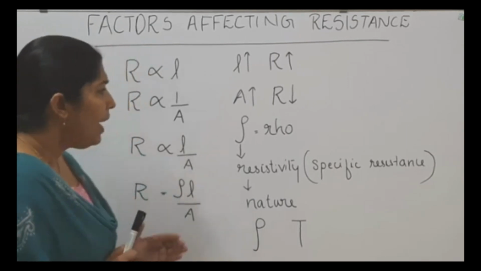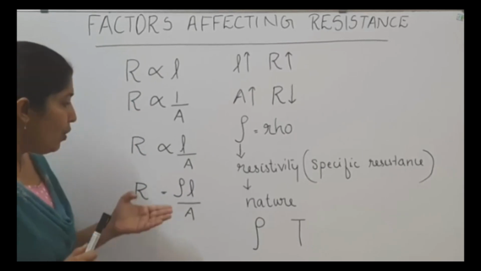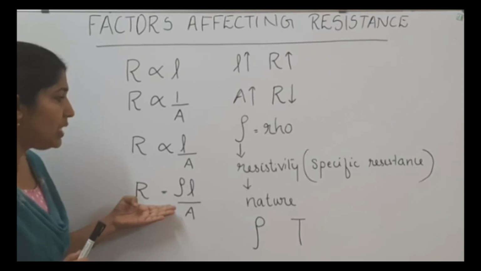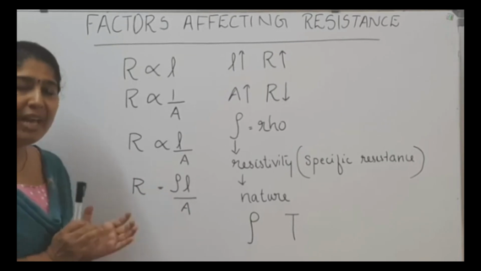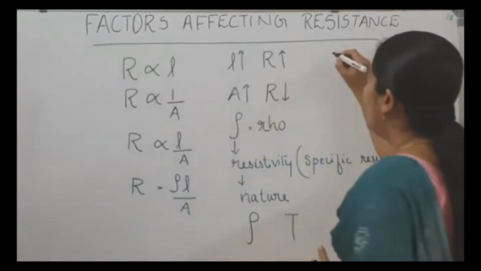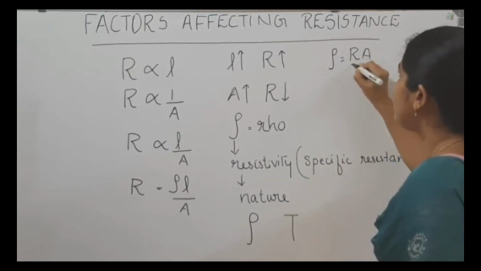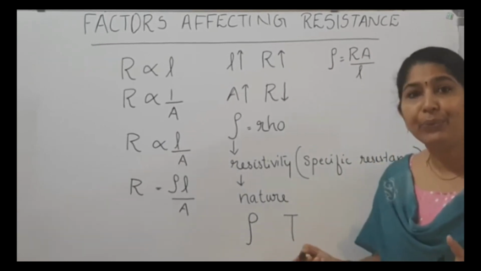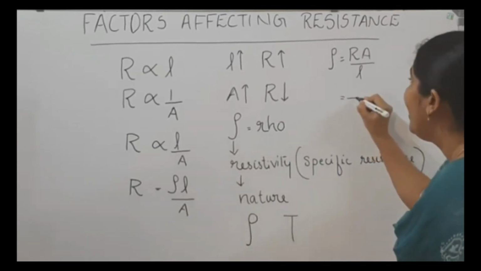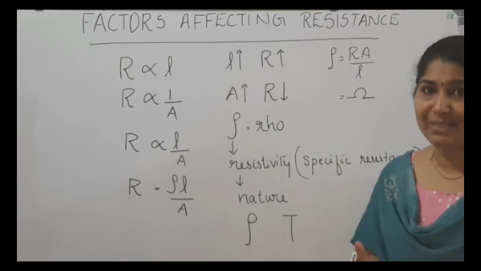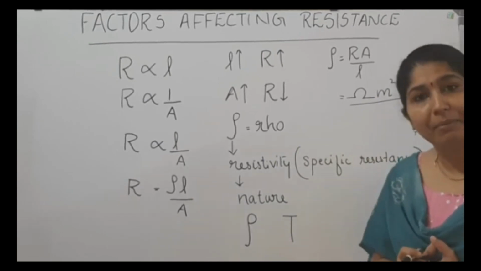Now we want to check what the unit of resistivity is. For this we can use the equation, resistance R equals rho into L by A. On rearranging this equation, we can write rho equals RA divided by L. We know that the unit of resistance is ohm, unit of area is meter square, divided by unit of length, meter.